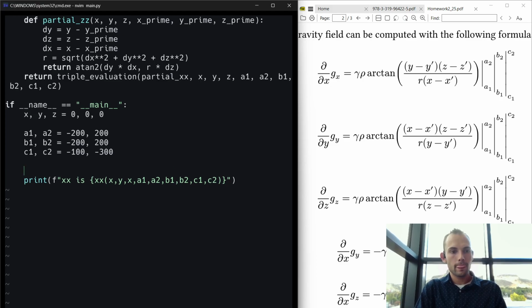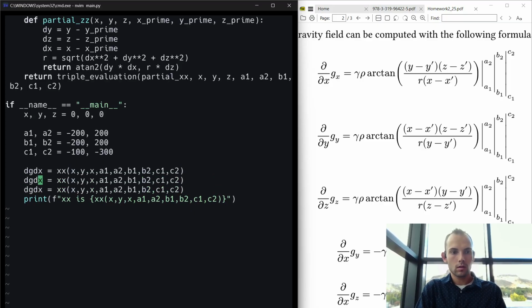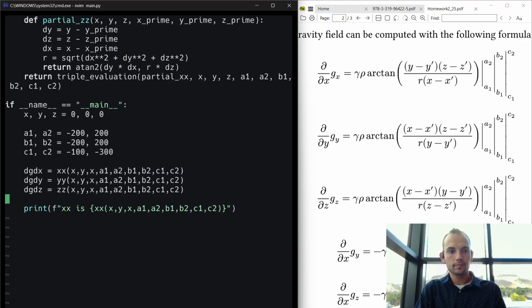Okay, so now we can have GDX is equal to XX. Let's just steal this line, right? Do all the derivatives of the diagonal. GDX.